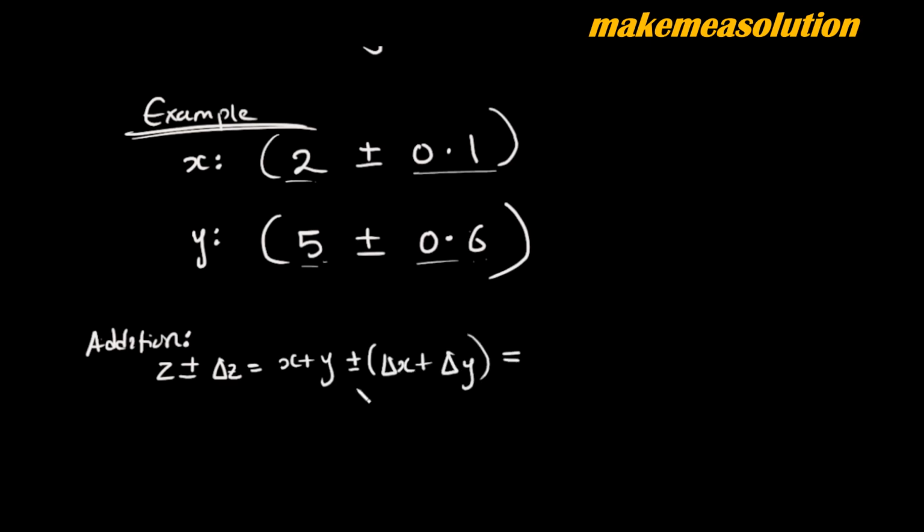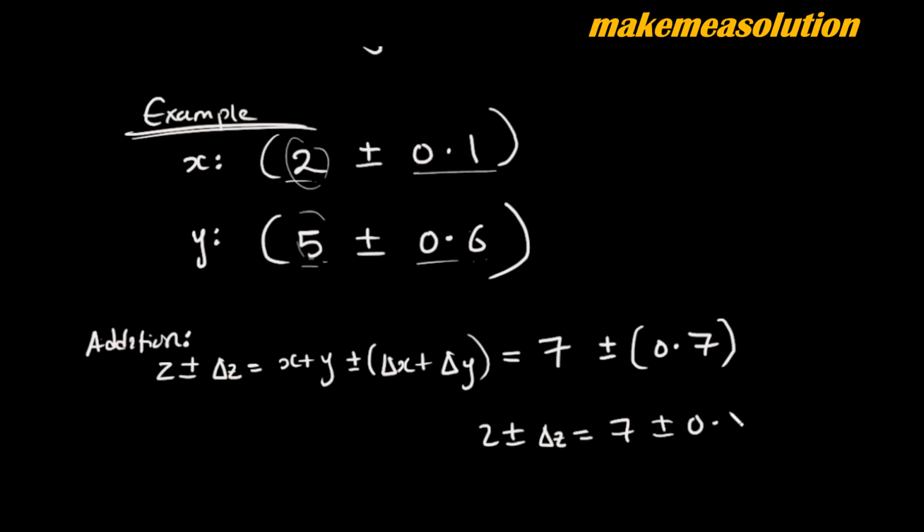So this corresponds to x plus y, that's this value plus this value. 2 plus 5 gives me 7. So 7 plus or minus delta x plus delta y, which is 0.1 plus 0.6, and this is 0.7. So my z plus or minus delta z is 7 plus or minus 0.7.